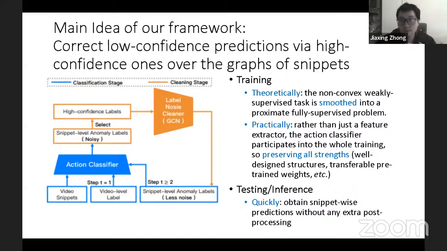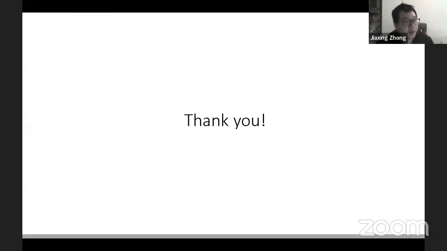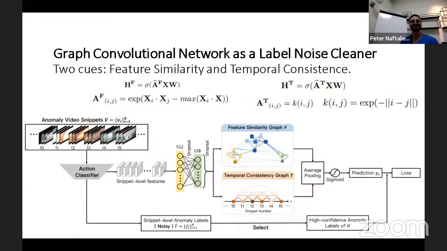But this ground truth is not that reliable, and we use these unreliable high confidence ones to train the low confidence ones in a fully supervised approach. By doing this process, we are actually doing the detection task in a weakly supervised manner. That's the core idea.